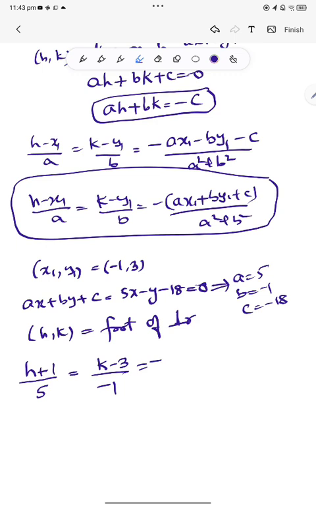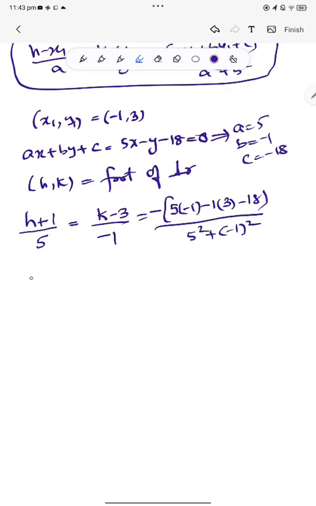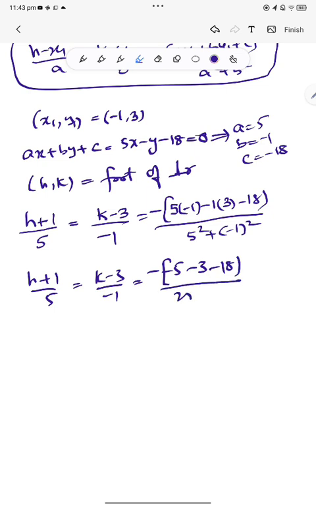In the next part, minus of a x1 is 5 into x1 which is −1, minus b which is −1 into y1 which is 3, and c value is −18, over a² that is 5², and b² that is (−1)². So let's solve this one. (h + 1)/5 = (k − 3)/(−1) = −(−5 − 3 − 18)/(25 + 1).